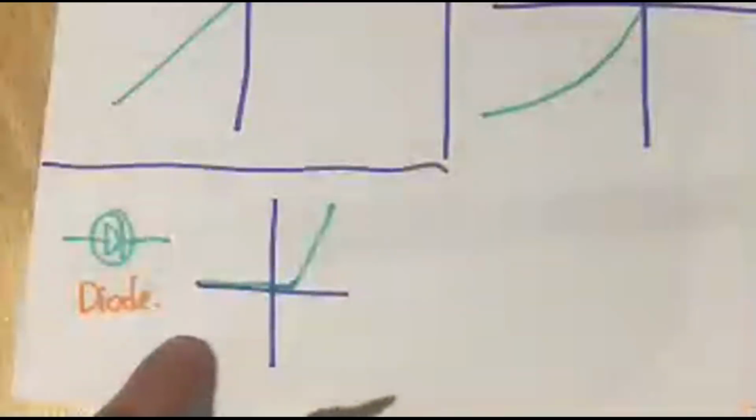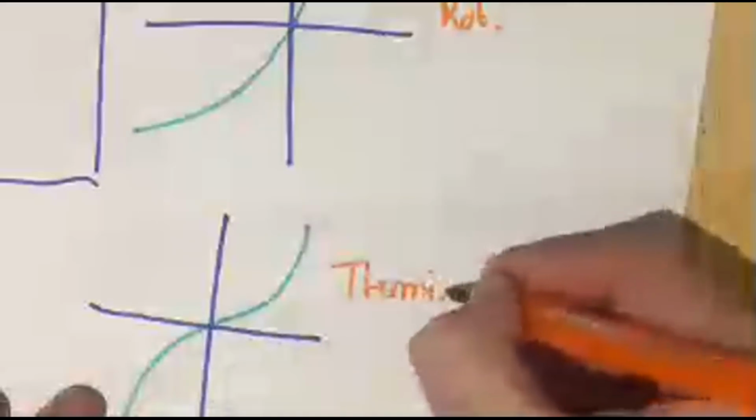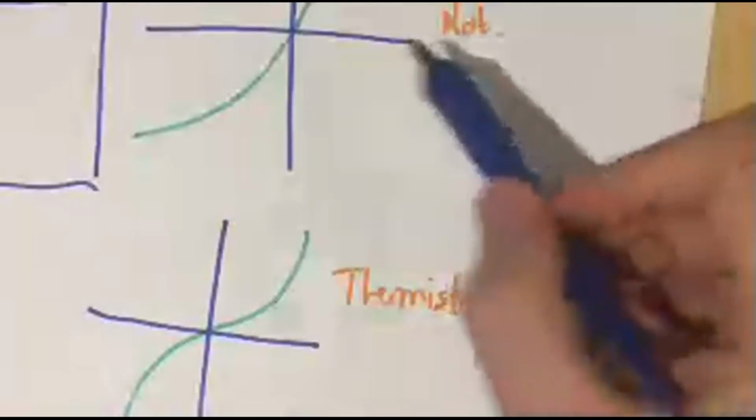Diode only flows in one direction, and then you've got the opposite way around, which is a thermistor. Now, don't worry too much about this. I'm going to hazard a guess that a thermistor will not come up, because especially on foundation, the two they're really worried about are filament bulb and diode.